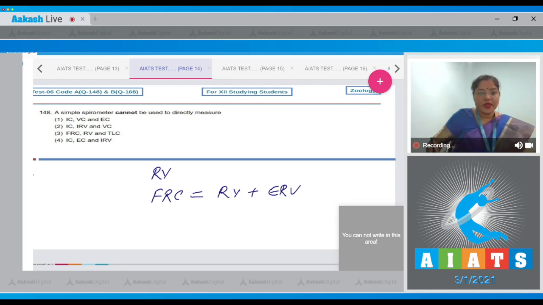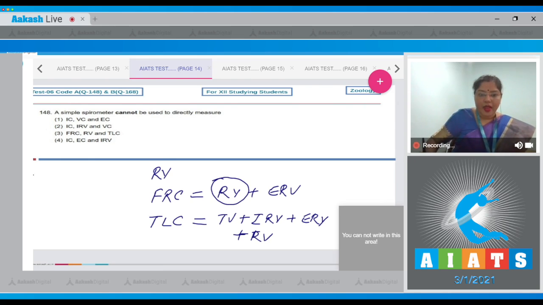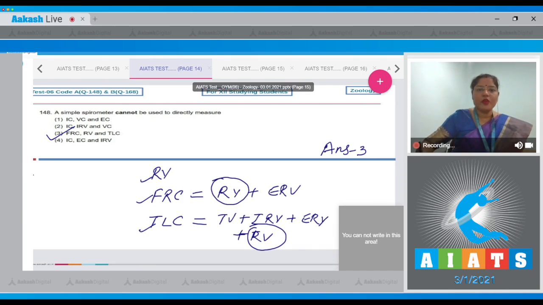We cannot measure TLC also because total lung capacity is the sum of all the volumes, that is tidal volume, expiratory reserve volume and residual volume. As residual volume is present in FRC and also in the TLC, by a normal spirometer, we cannot measure residual volume, functional residual capacity, and total lung capacity. So, the correct answer to this question is option number 3. Let's move on to the next question.